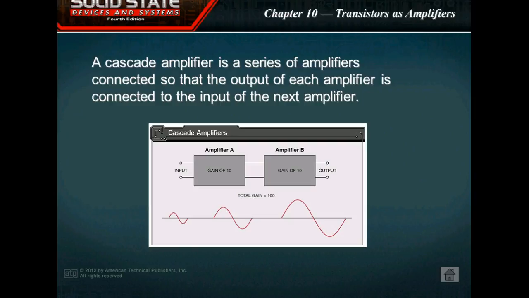We can get voltage gain or we can get current gain. Y'all understand that? But we're looking for power, and we calculate power by V times I or I squared R, but V times I is the main formula that we're looking at.